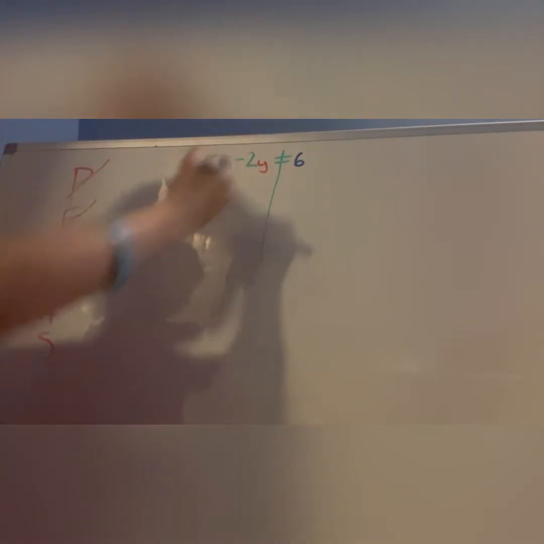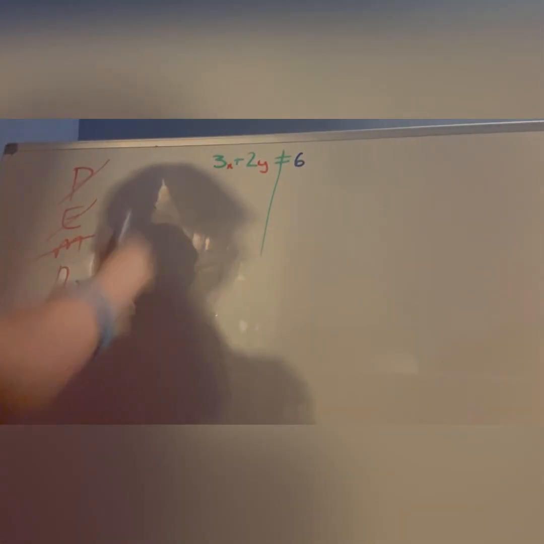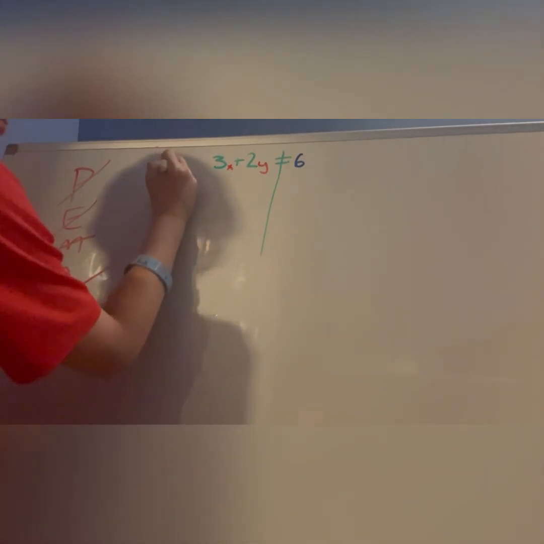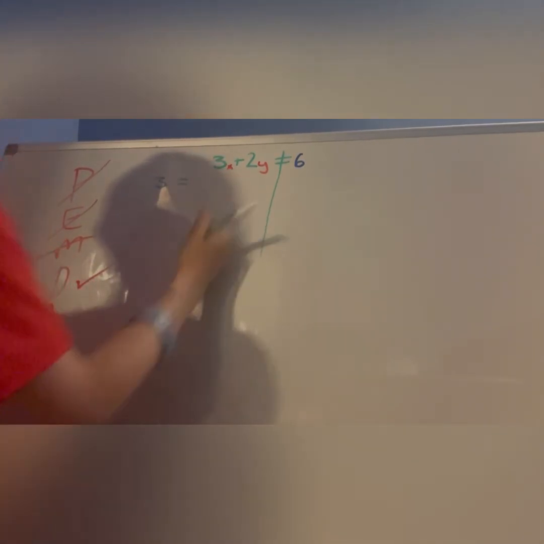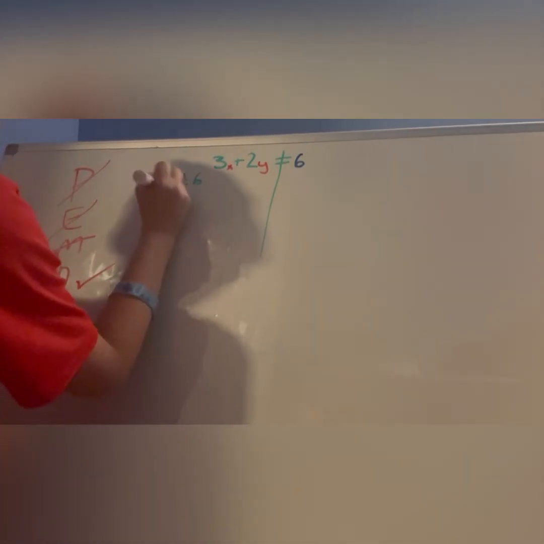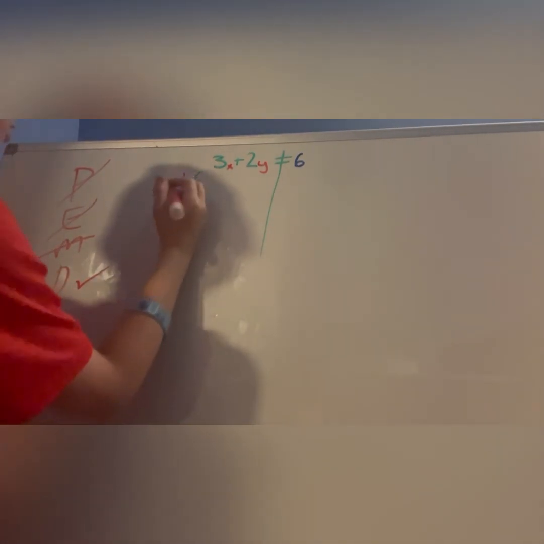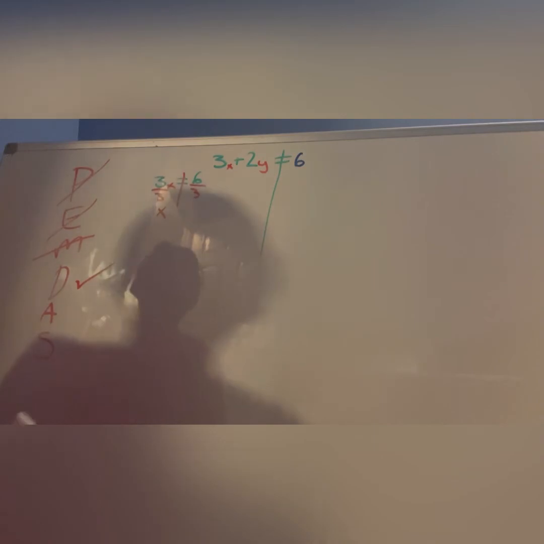So let's do one at a time. Let's do this 3x first. 3 divided by 3 is 1, and then we can cancel that out.